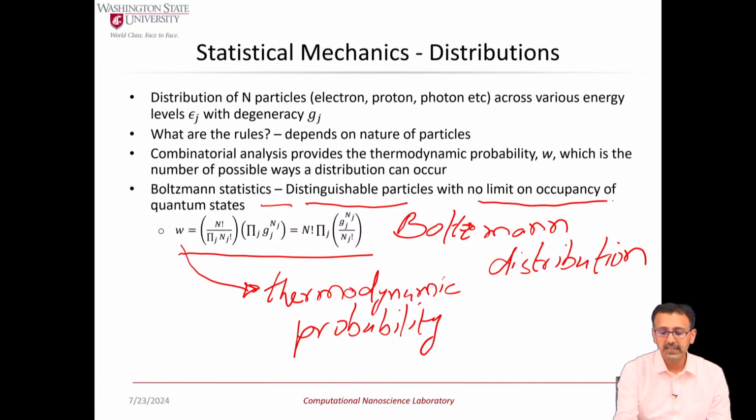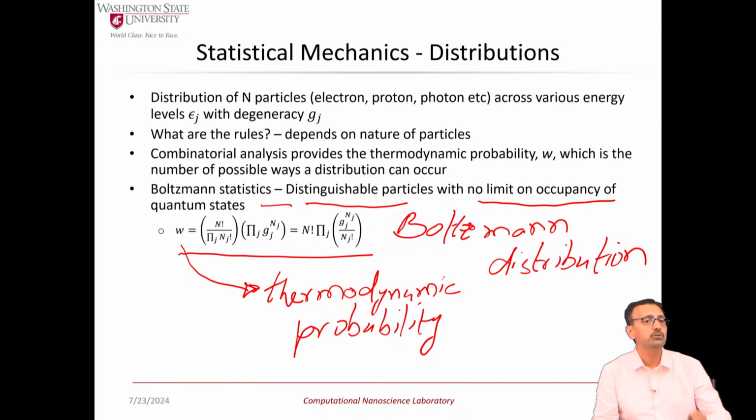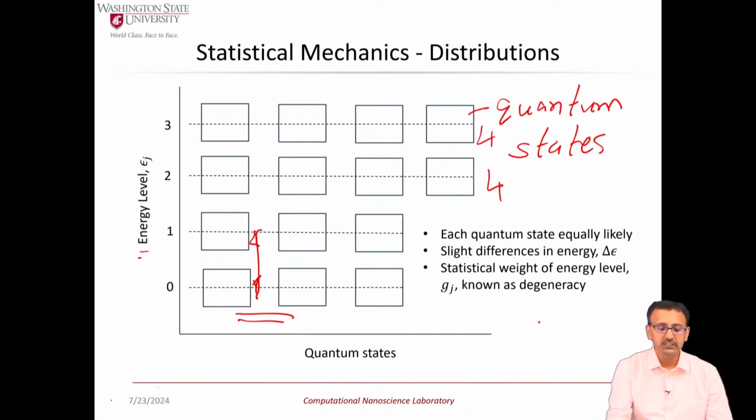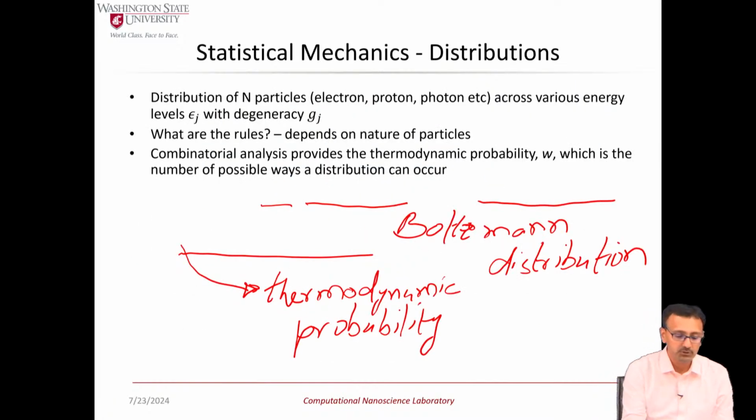And the second postulate is there is no limit on how many particles you can put in each quantum state. So, going back to the previous slide, in each of these boxes, if it is Boltzmann distribution, you can put as many particles as you want. Those are the rules, and particles that obey those rules are said to follow Boltzmann statistics.